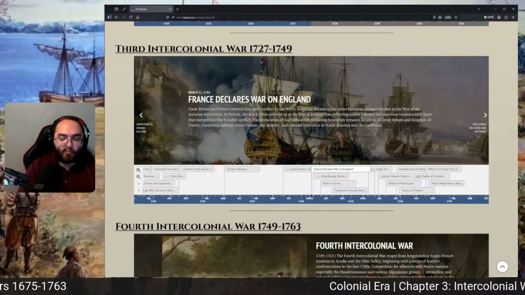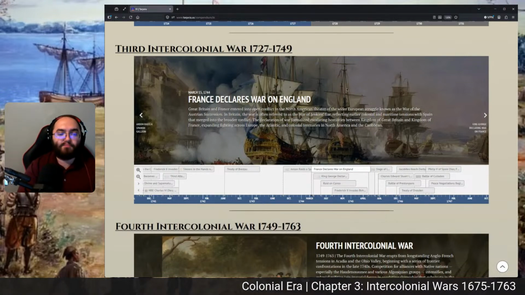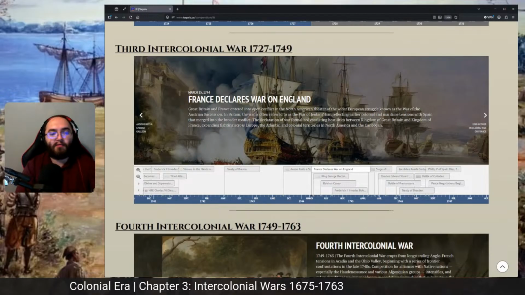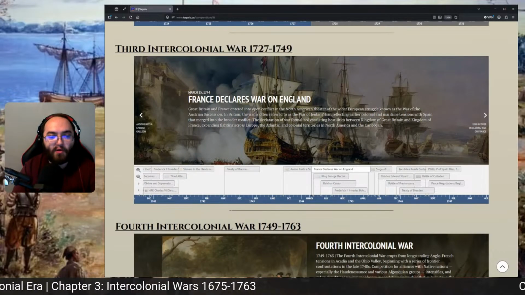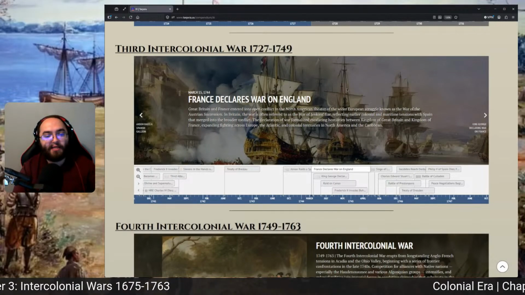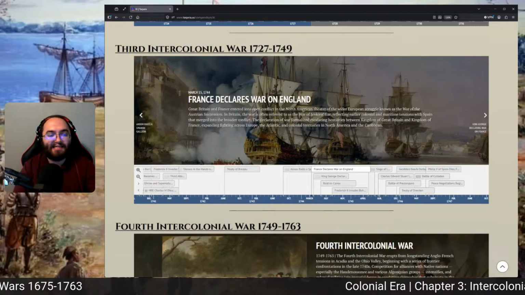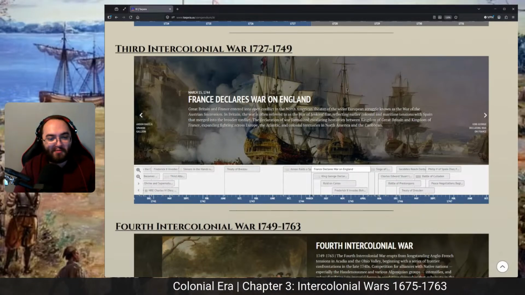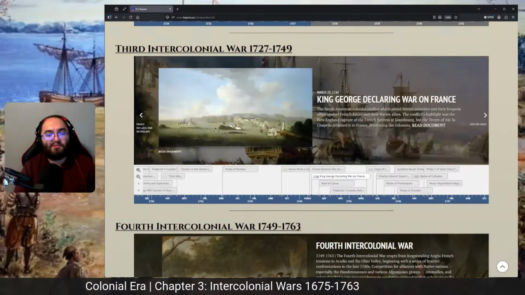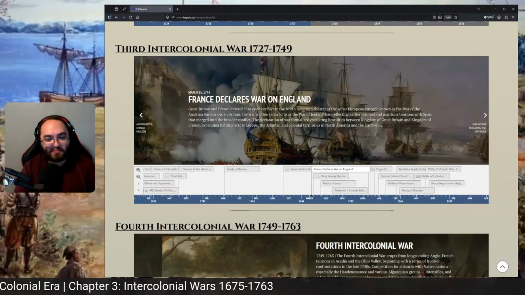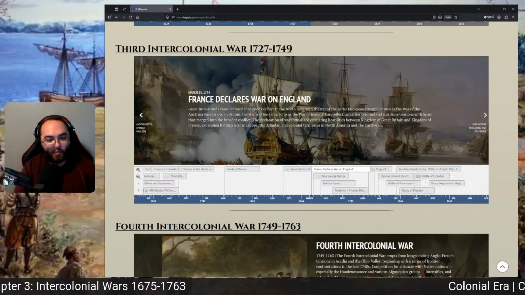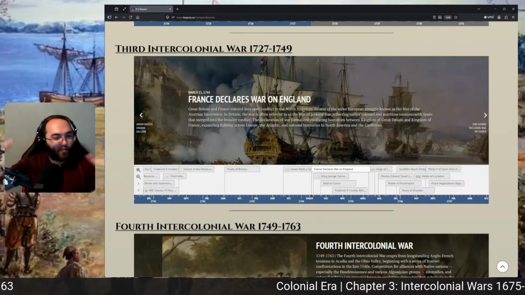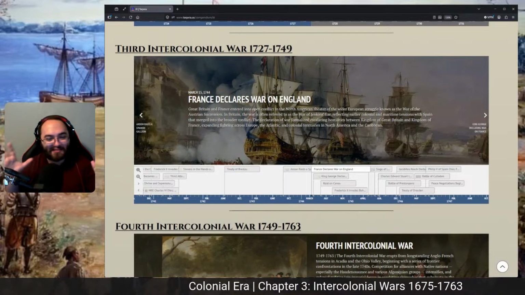Again, part of the War for the Austrian Succession, the French have attacked the Austrians, the English are allied with the Austrians, and so now the French and English are going to fight each other. The French are also allied with the Spanish, and so they're going to join the war that the Spanish and the English are in. So all these wars and all these treaties are happening at the same time.